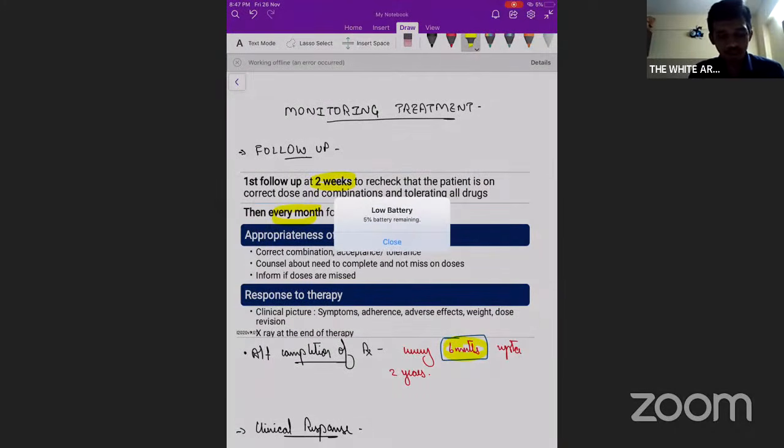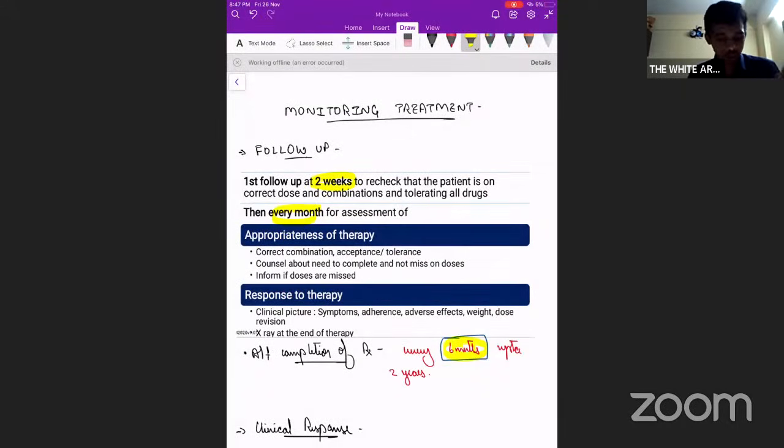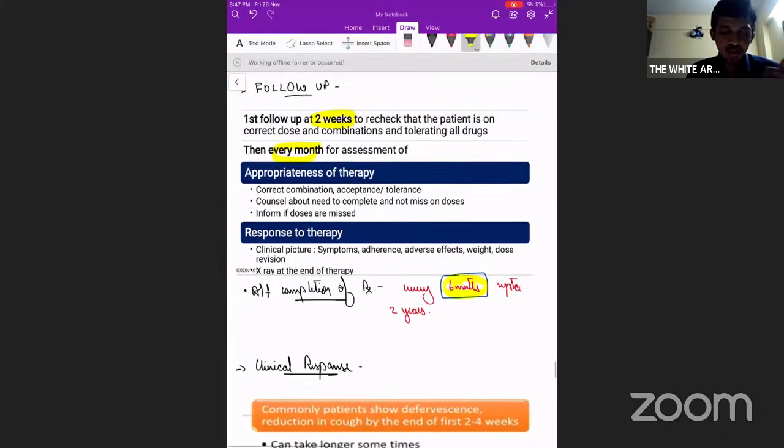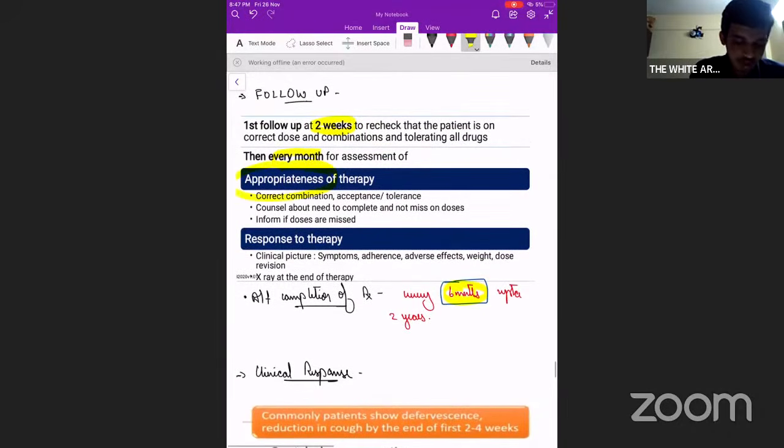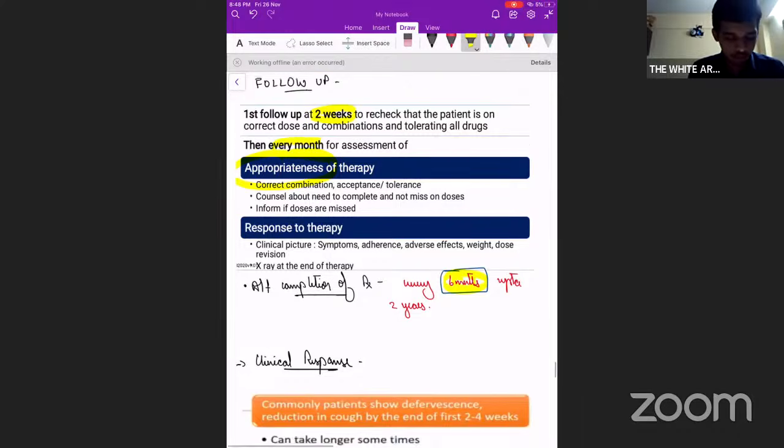At every follow-up, what do we see? We see for appropriateness of therapy, whether the child is responding, whether the child is taking the tablets appropriately or not, and we see for the clinical response and if there is any deterioration or not. That is what we follow up for.